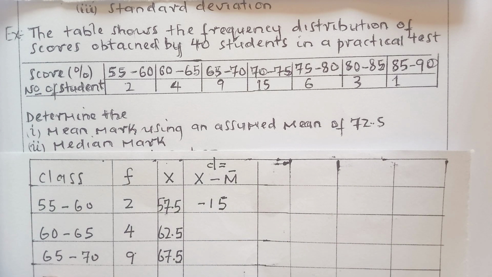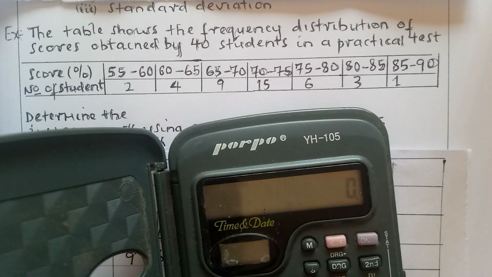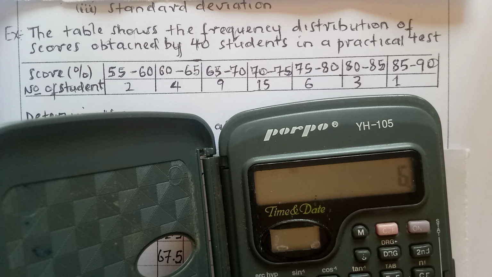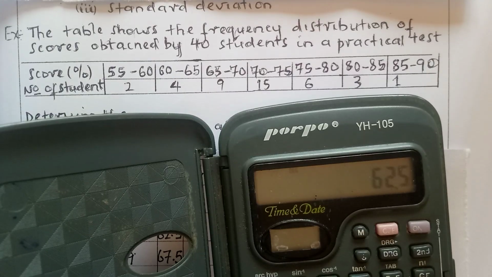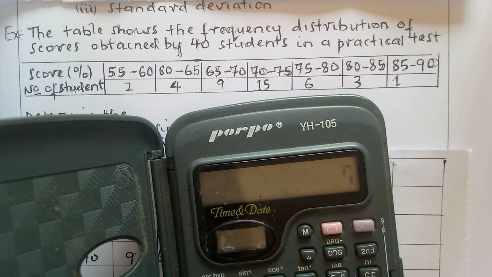And the next one is going to be 62.5 minus 72.5.